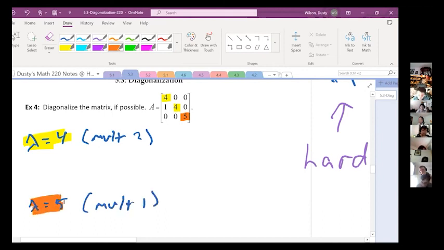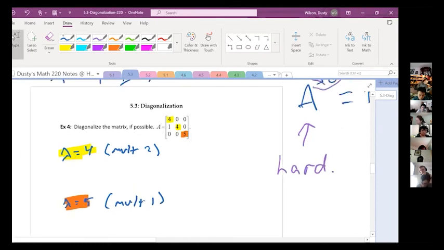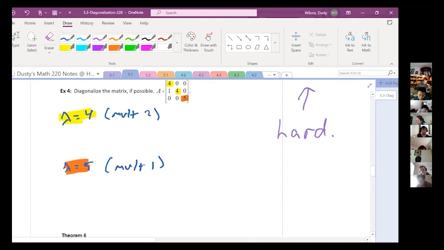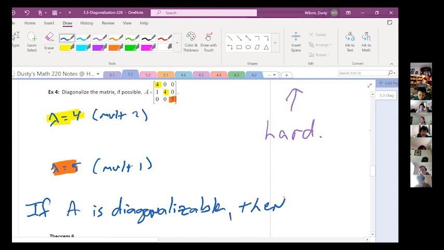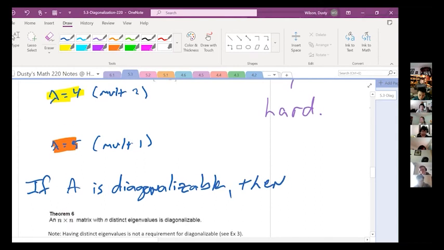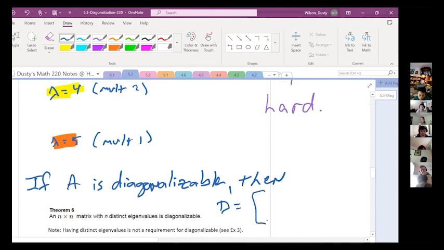Okay. We're not sure if it's going to work, but if it's going to work, we can already tell what our D matrix is. So if A is diagonalizable, then you can already see that your D is going to equal 4, 4, 5, or some combination thereof.